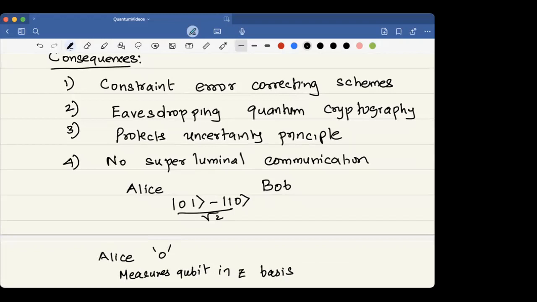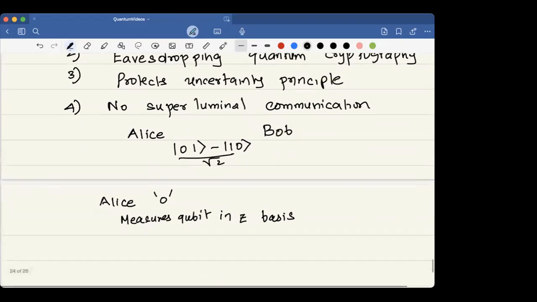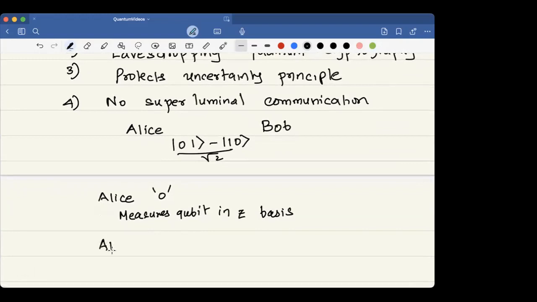If Alice wants to transmit 1, then she does nothing.